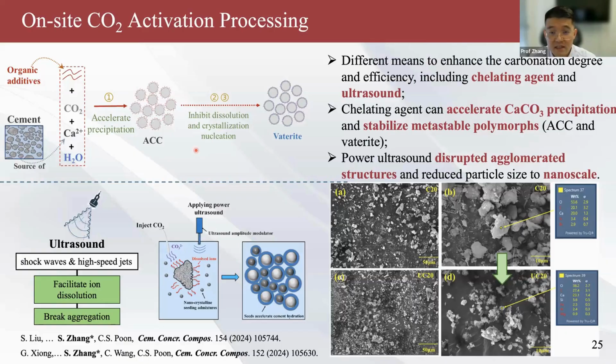For example, ACC and vaterite are thermodynamically unstable in nature and would gradually convert into calcite, but using those organic additives, they can be stabilized. The advantage of having those metastable polymorphs is that the reactivity is enhanced as well.